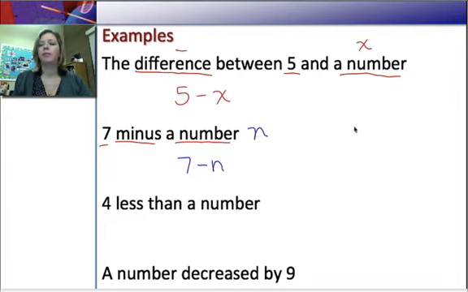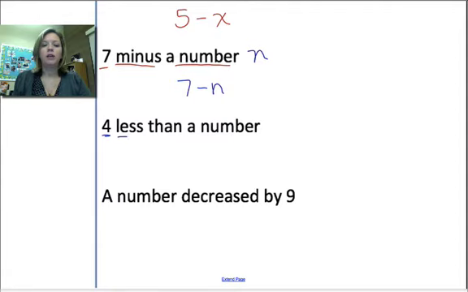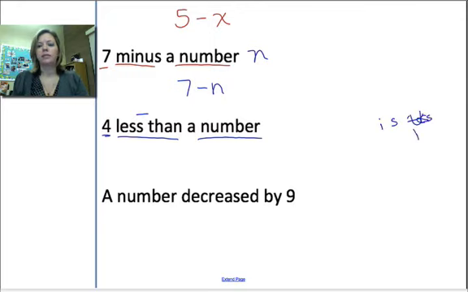All right, in my next example, this one's really tricky. We have 4 less than a number. Now in this case, I know that this is talking about subtraction, not the inequality. If it were the inequality, I'd be looking for is less than. And that's not what we have here. So I know it means subtract. But this time, let's use x for our number again.